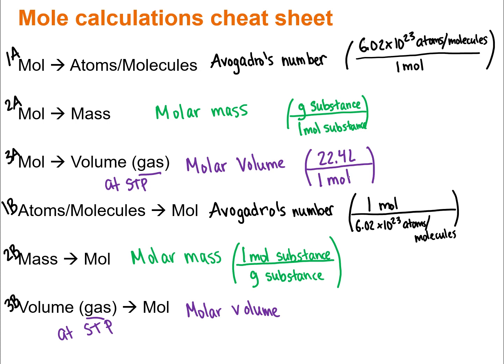That will cancel out your moles and leave you with liters. If you're trying to go in the opposite direction, take a volume and convert to moles, then you'll put the moles in the top and the 22.4 liters in the bottom.